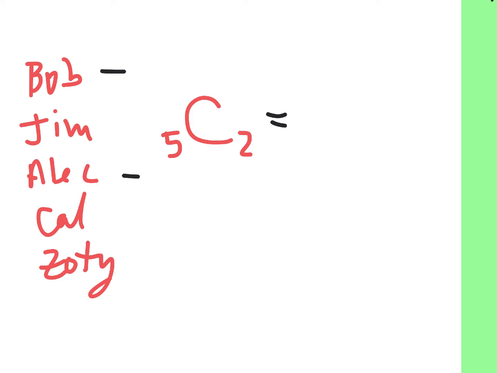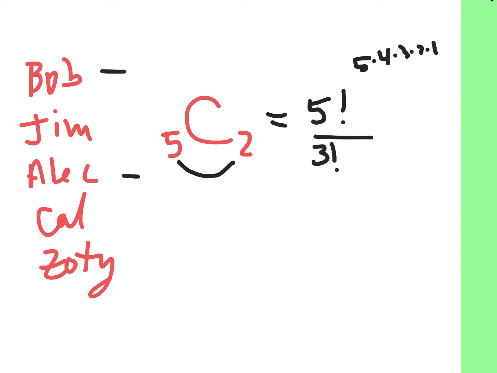It's pretty easy. 5 factorial, which by the way means 5 times 4 times 3 times 2 times 1, in case you forgot that part. Don't worry, you usually never have to actually multiply all of those out, but that's what it means. Over 5 minus the 2, which makes 3 factorial.